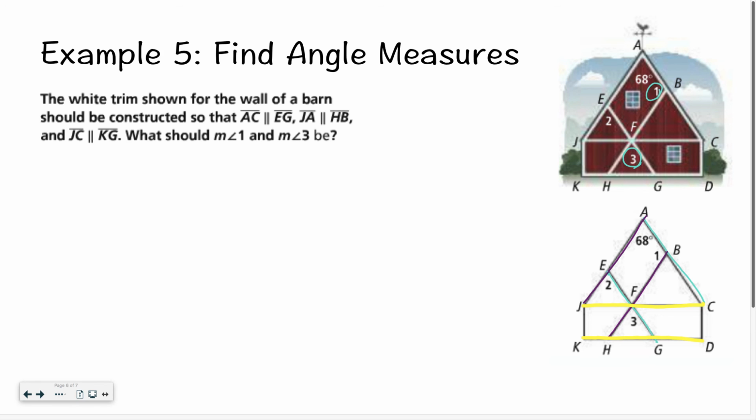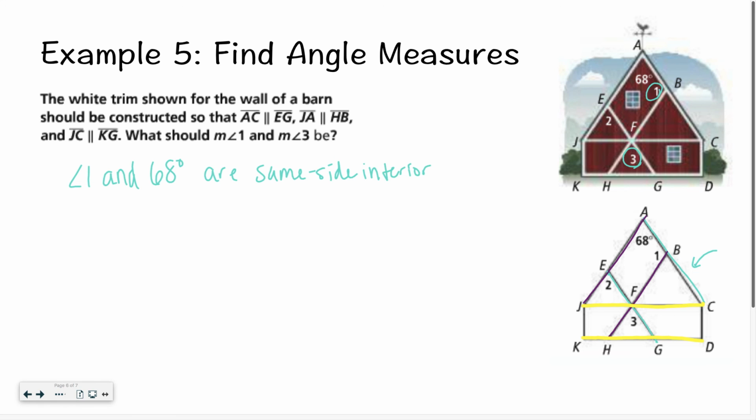So now let's talk about how am I going to find angle 1? Well, if I look at angle 1, I can see that angle 1 is between two parallel lines, right? It's between the two purple parallel lines, or line JA and line HB. And if we considered this outside line here transversal, it's on the same side of the transversal as 68, meaning angle 1 and 68, the 68 degree angle, are same side interior.